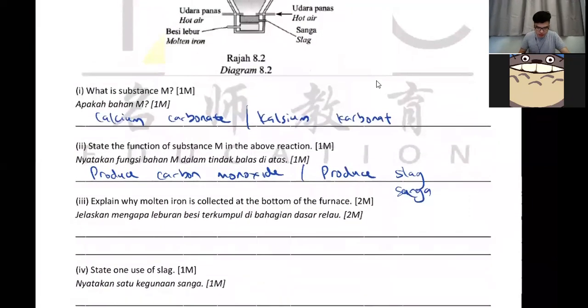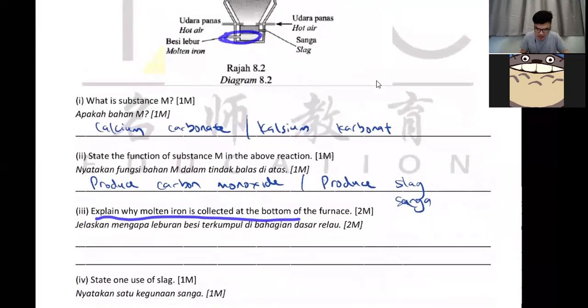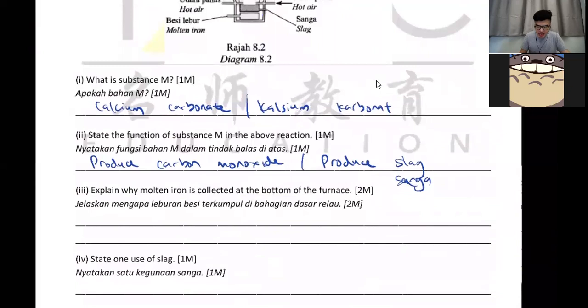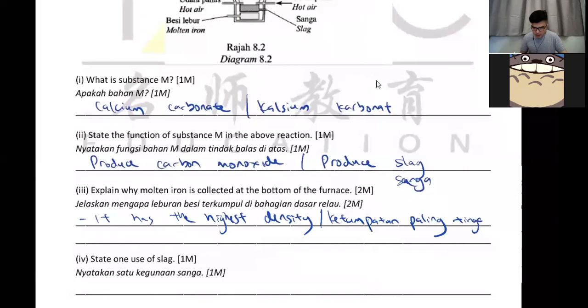Right, so explain why molten iron is collected at the bottom of the furnace. Why is iron here? Okay, why is iron at the bottom? Because it has the highest density lah. Like I said, what has highest density will sink to the bottom. Okay, ketumpatan paling tinggi.